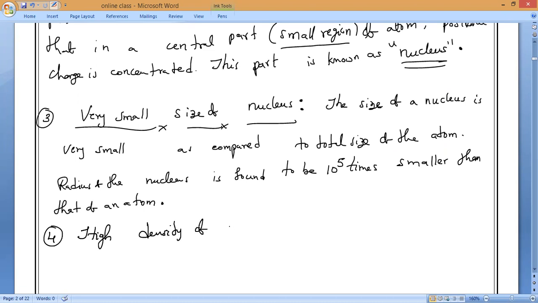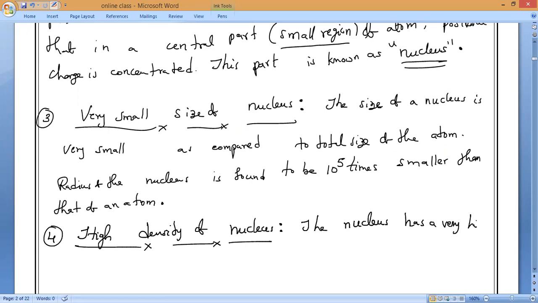So write: high density of nucleus. Understand everybody? The nucleus has a very high density.